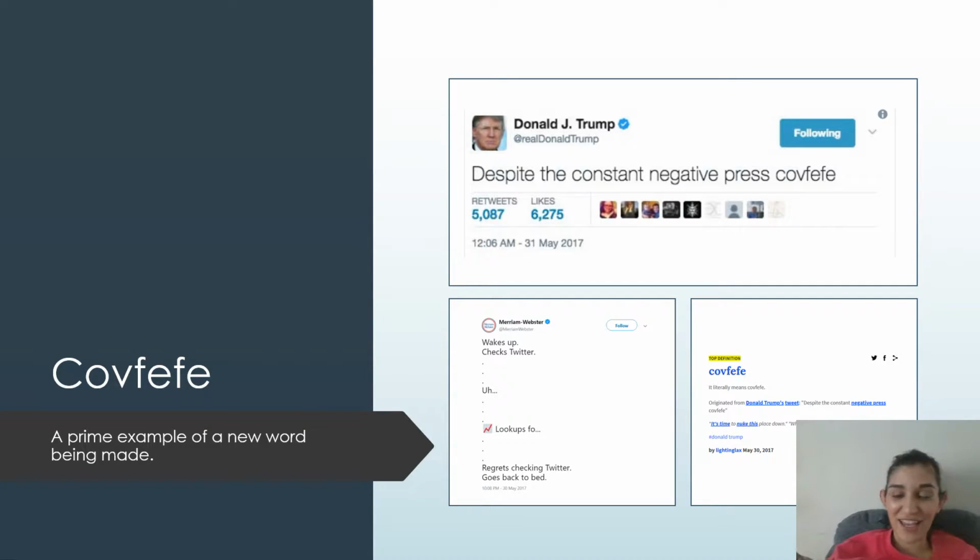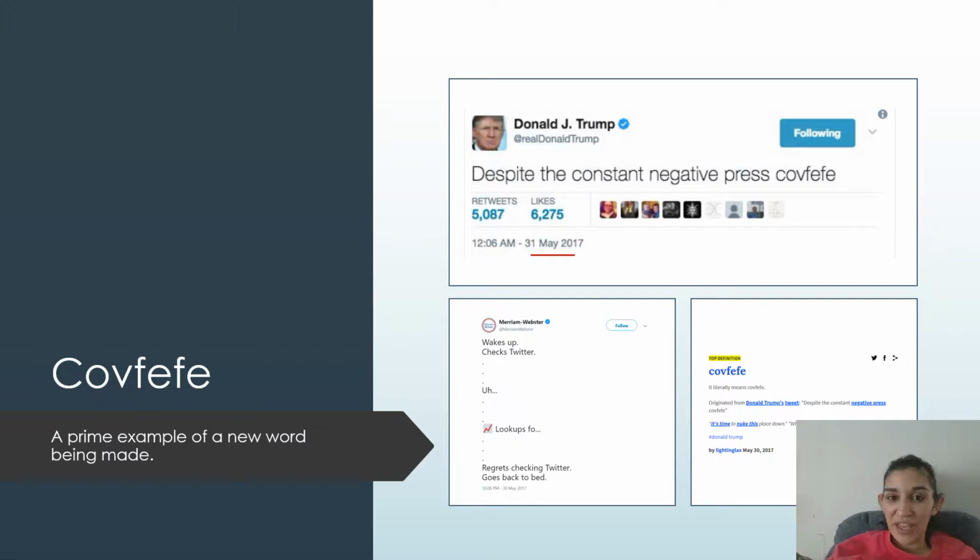Kofefe. I wanted to give an example of how a word can be created just at the drop of a hat, and it just takes people using it and reusing it. So last year in May 2017, President Trump sent out a tweet that wasn't finished and was spelled incorrectly, despite the constant negative press.